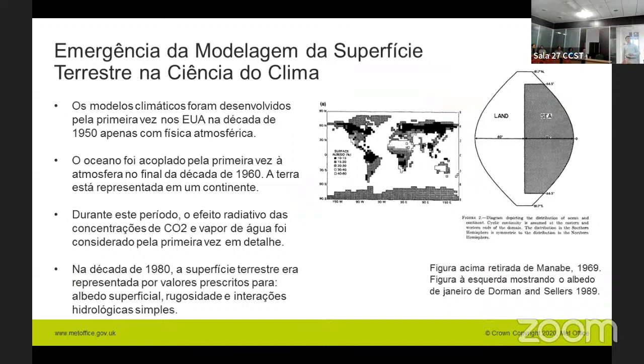So this is how it was done back in the day. Land surface modeling and climate models came to the fore in the 1950s in America. They were quite primitive early on. They had a single land tile and maybe a simple hydrological scheme as well.